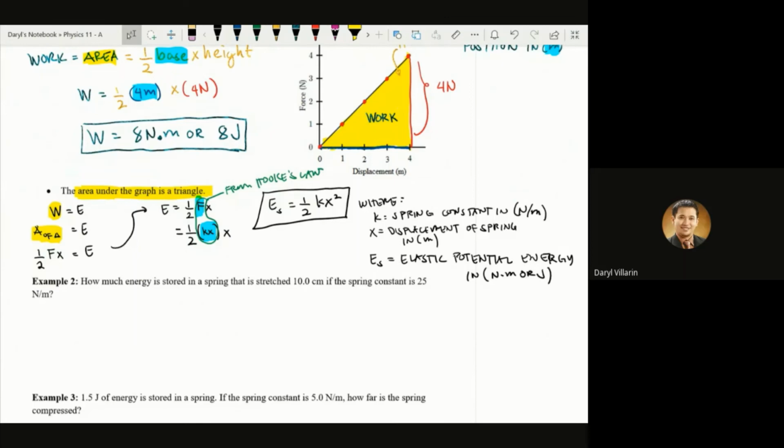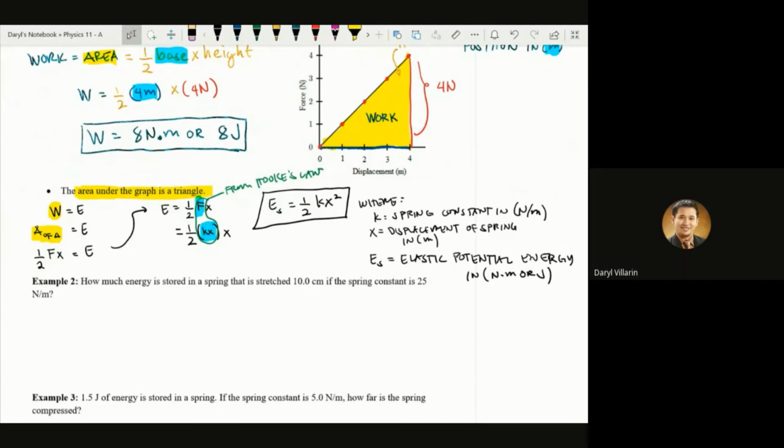Over and over again I repeat that because it is very important: if x is in centimeters or millimeters or any other unit, you cannot automatically say that your final answer is in joule. So you have to be consistent with your units.